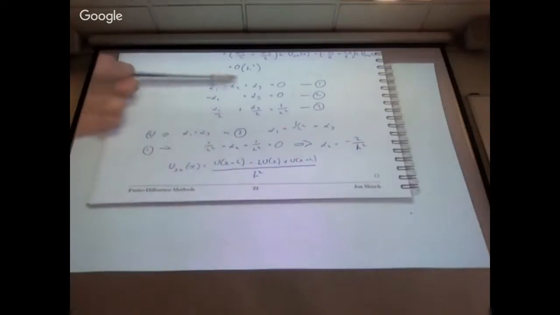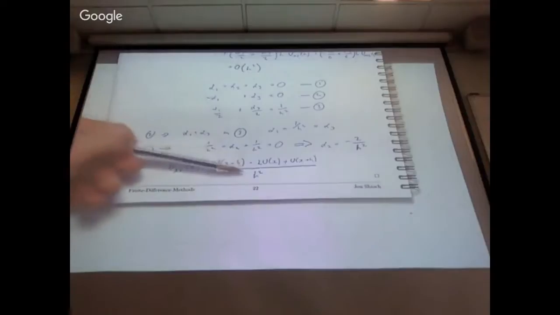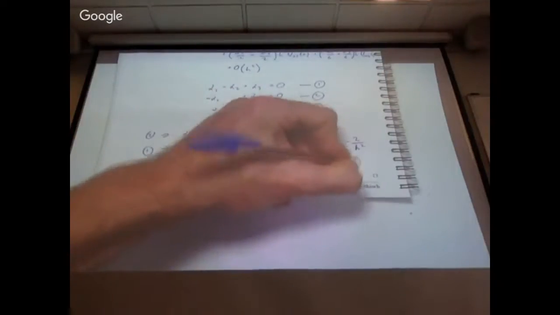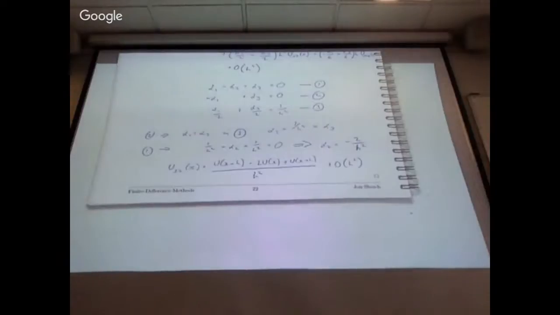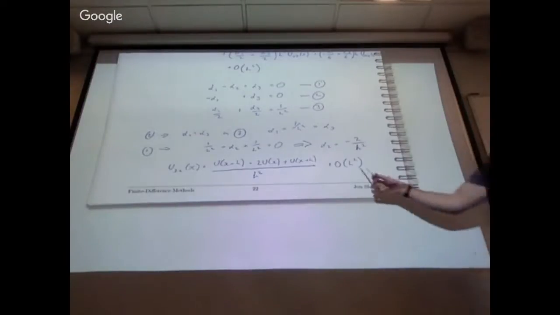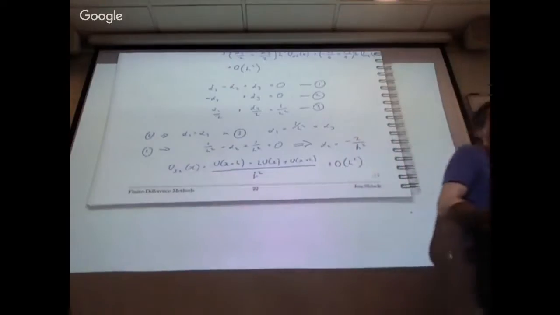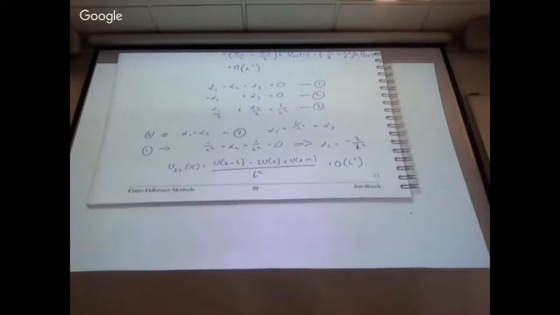Not forgetting the truncation error, order h to the power 4 divided by h squared can be order h squared. So that's second order accurate. It's a second order accurate approximation of the second order derivative. Have you seen that one before? Fairly common.